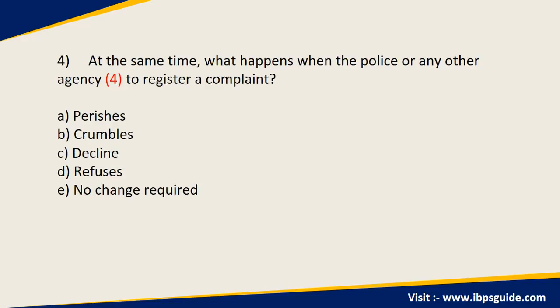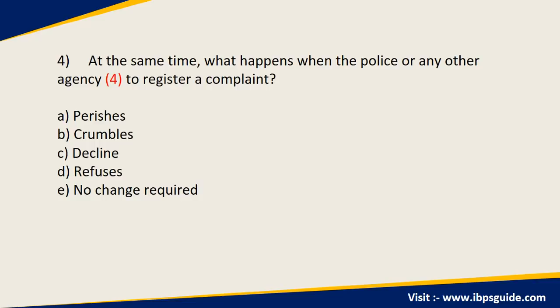Fourth sentence is, at the same time, what happens when the police or any other agency dash to register a complaint? So I told you that in this sentence we need to pay attention to the subject-verb agreement because there are 2 subjects mentioned, but they have used the conjunction or, which means any one, right? So here sometimes people mistake this to be a plural subject, but it is not a plural subject when the police or any other agency, right?